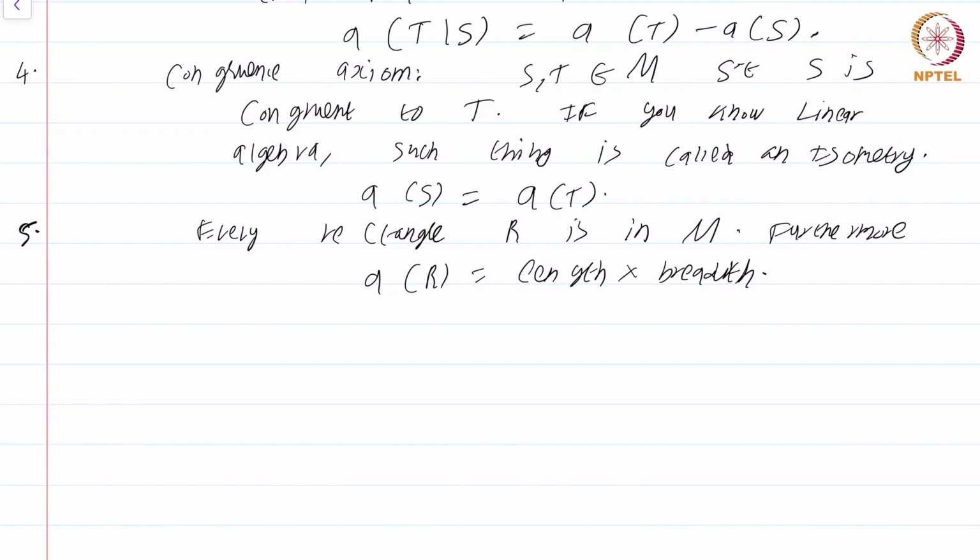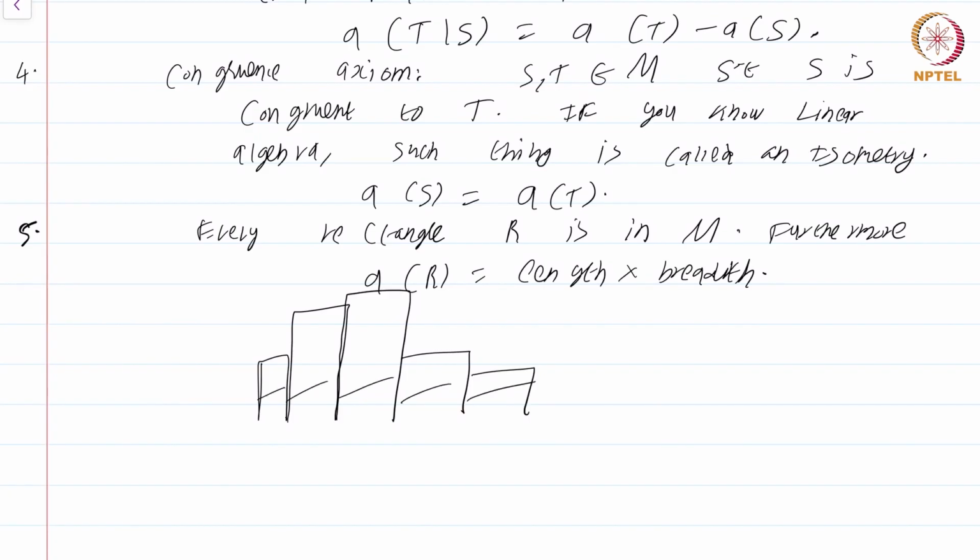Now, notice that just with these axioms, you can assign areas to figures like this, a bunch of adjacent rectangles, that's going to be just the sum of these areas.